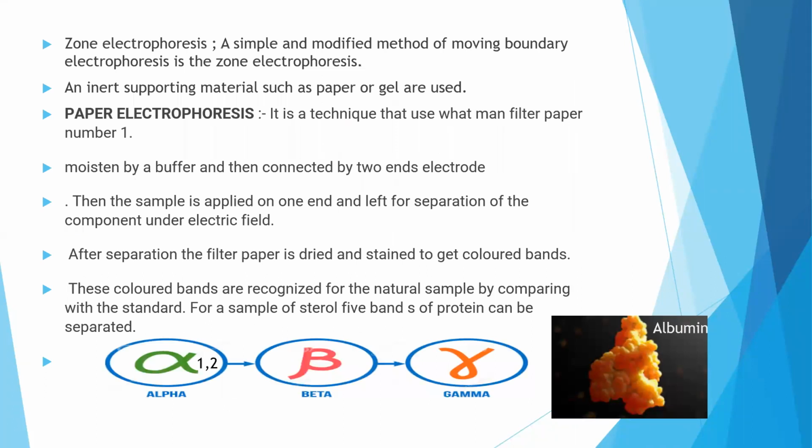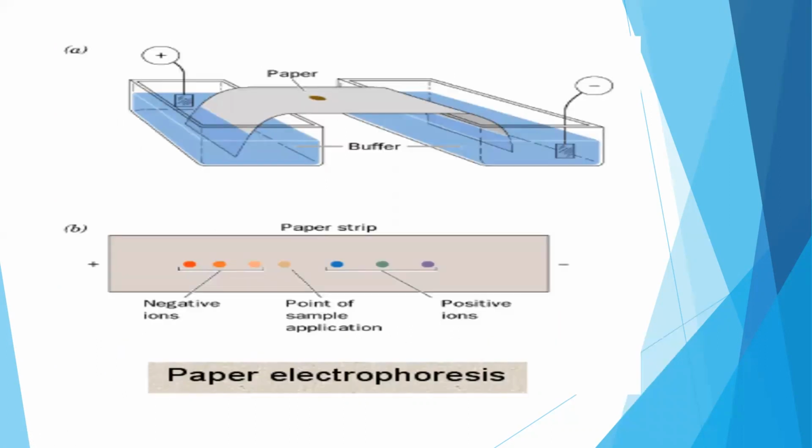Look at here, first step. It is a technique that uses Whatman number one filter paper, moistened by a buffer and then connected by two electrodes. This is the positive and this is the negative electrode.